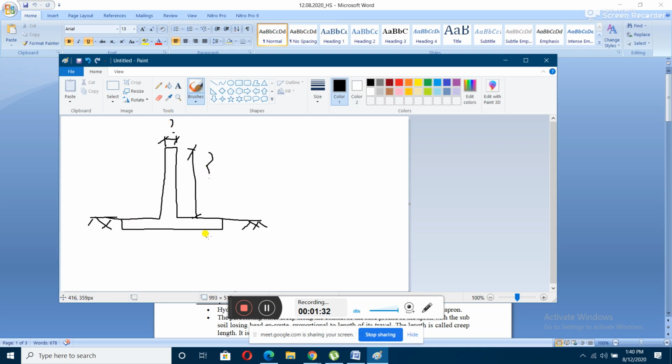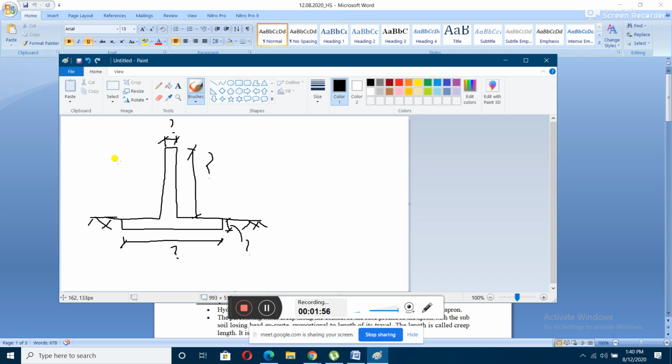And what are the other things? This thickness, if you have any doubt you can ask me. This thickness you need to find out, and also this floor length, right? On the basis of these four parameters you can design that particular weir.